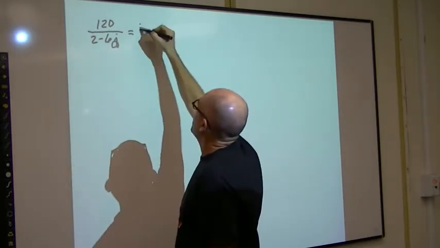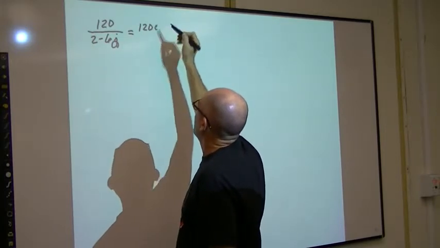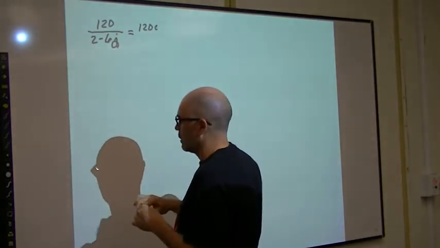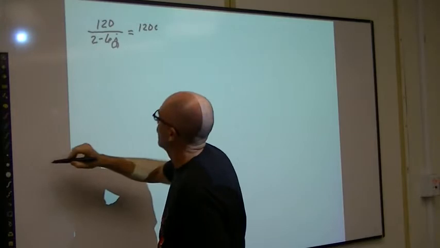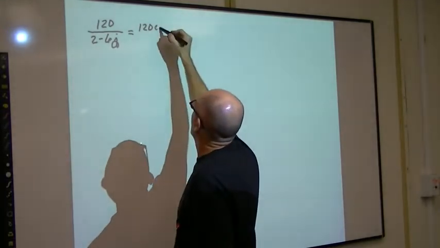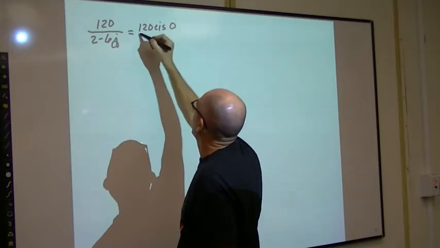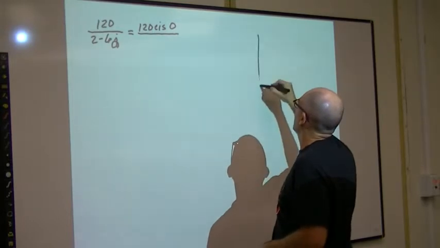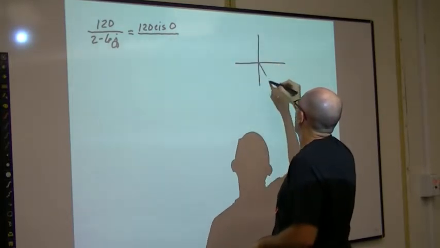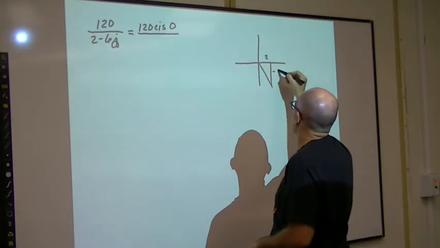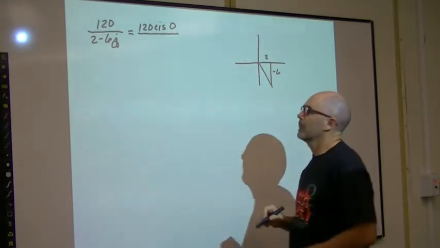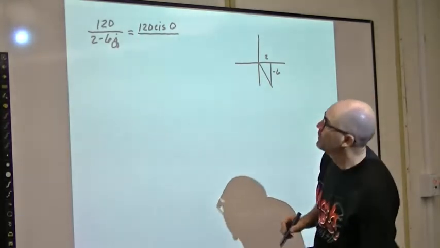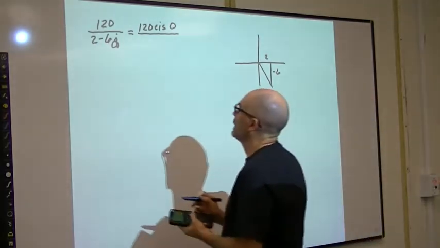This is 120 cis 0 over 2 minus 6j, meaning 2, negative 6. That's not a special right triangle, so we basically just have to do our Pythagorean theorem. So 4 and 36 is 40.